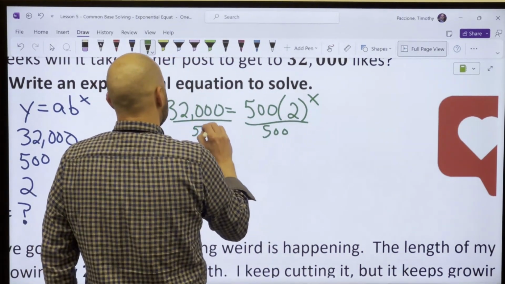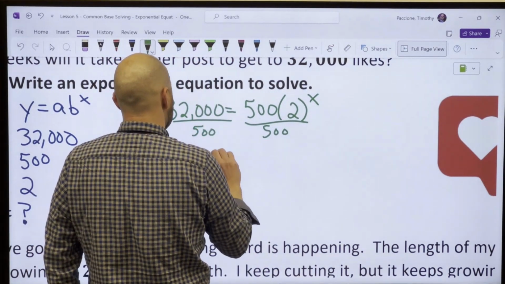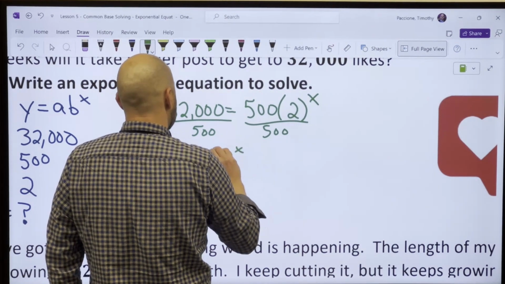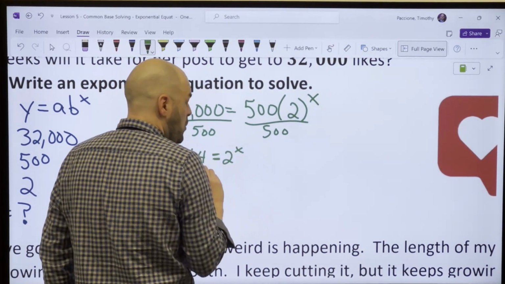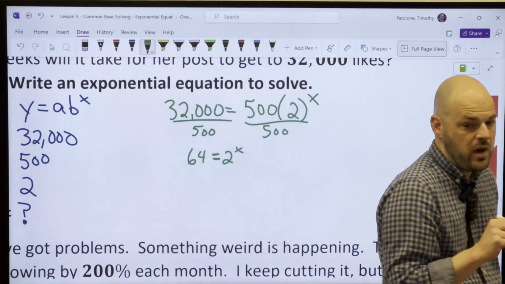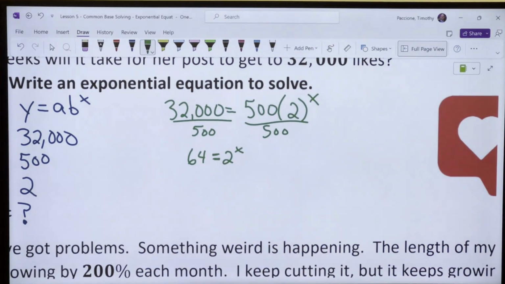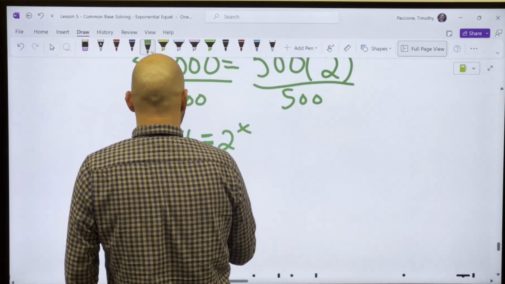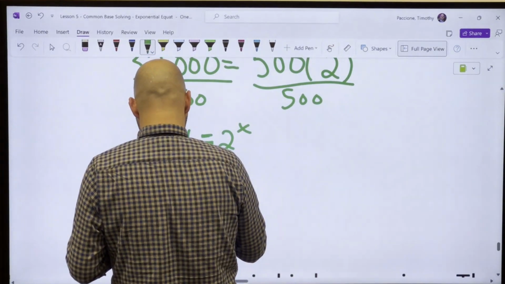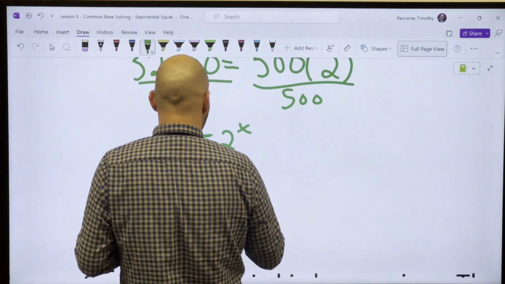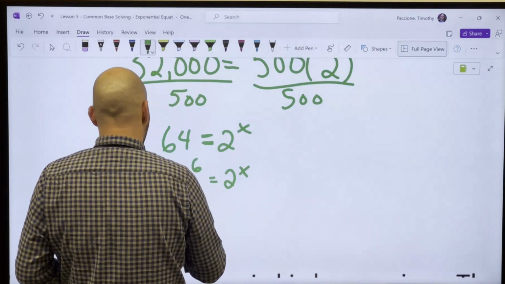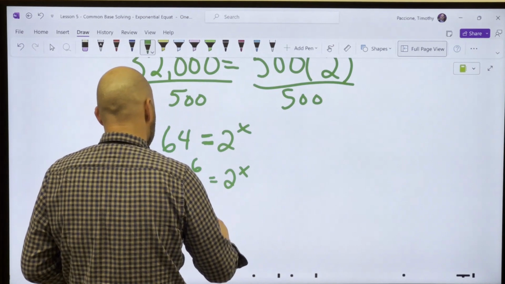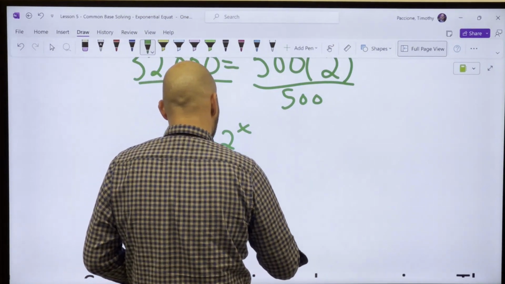You got 64 equals 2 to the x. What could I rewrite 64 as in terms of 2 to the something? 2 to the 6 equals 2 to the x. Therefore, x equals 6 weeks.